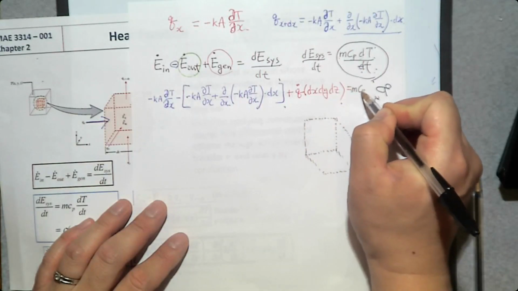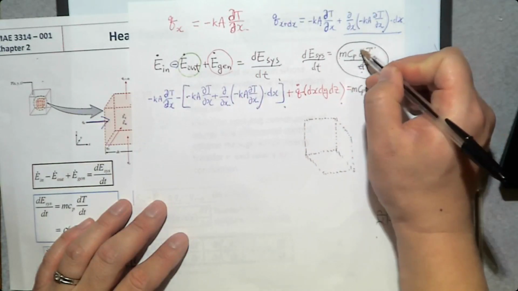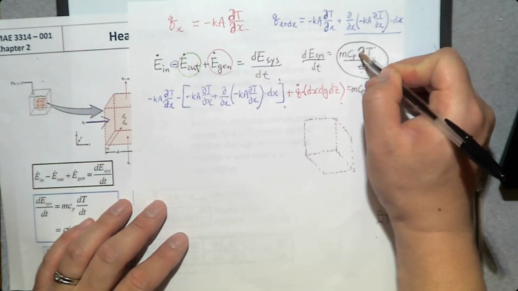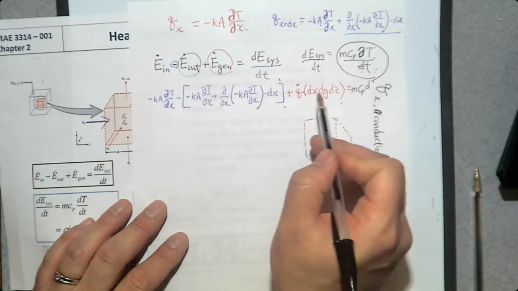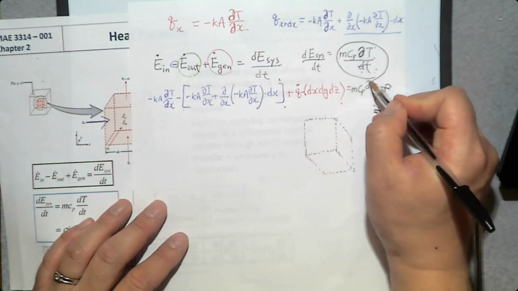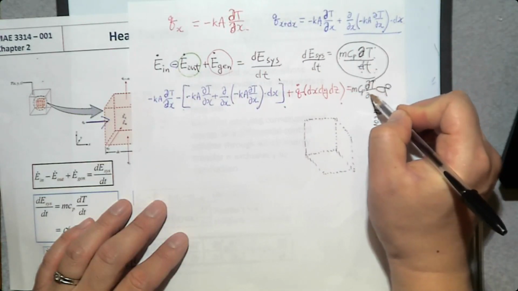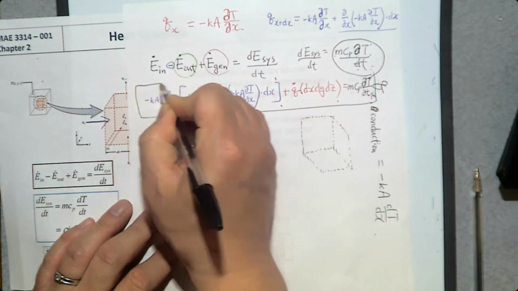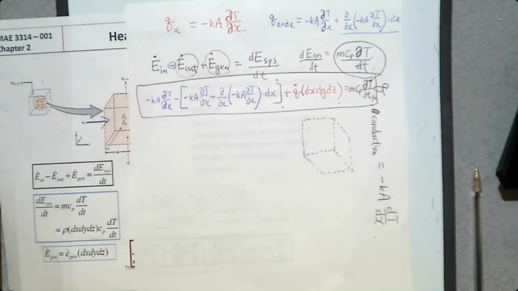Mass times specific heat, but this time a partial differential equation, because we have x, y, z, and t. Partial temperature over partial time. So that is the energy balance equation, x direction only.